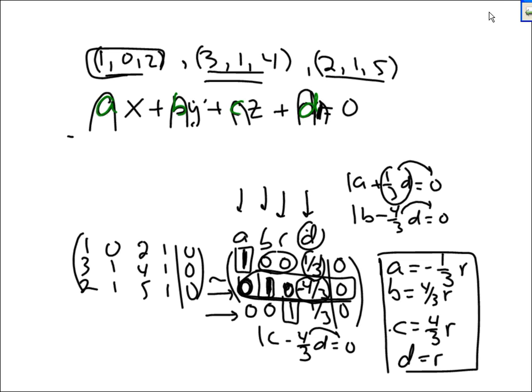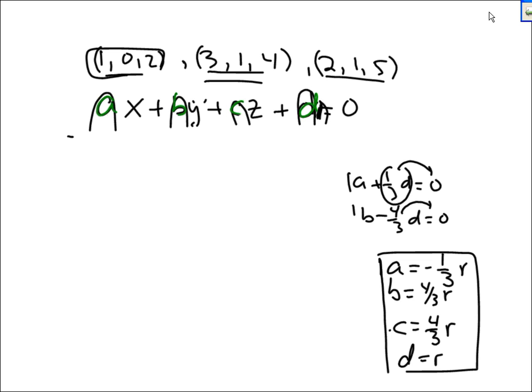But you know what? Nobody likes fractions. R can be any number. That is, I could write down a new R, which is 3 times the old one.